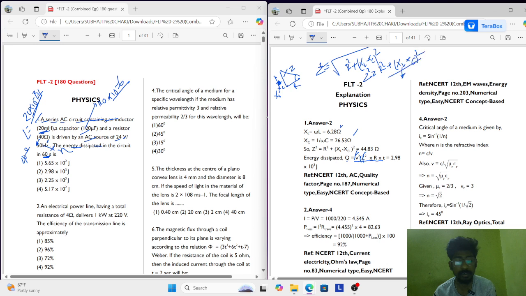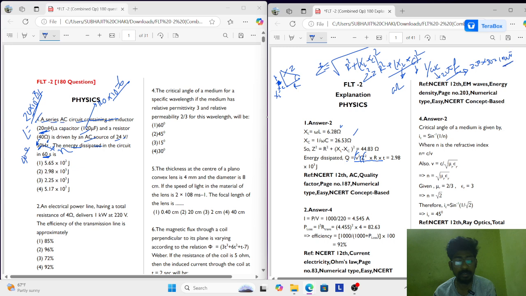How to calculate XL and XC? XL equals omega L, and XC equals 1 by omega C. Omega is 2 pi f, with f equal to 50, so omega will be 2 pi into 50, which means 100 pi.